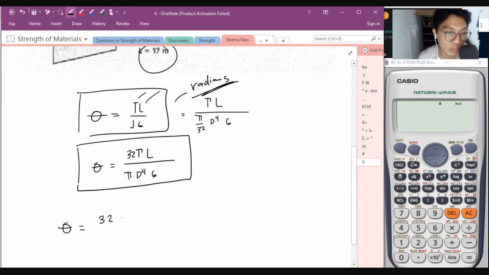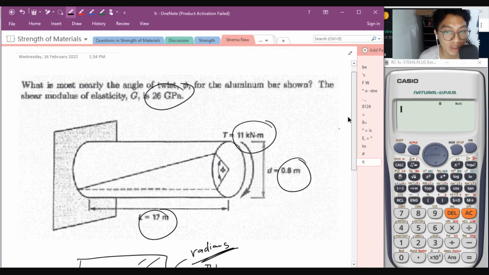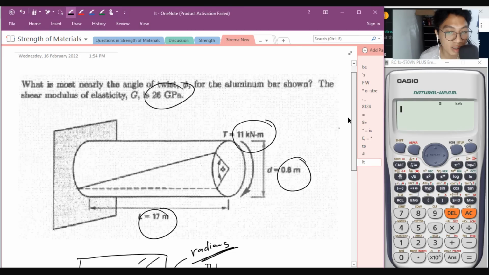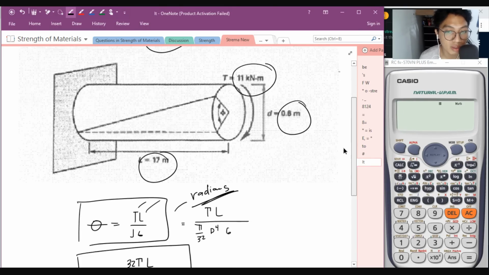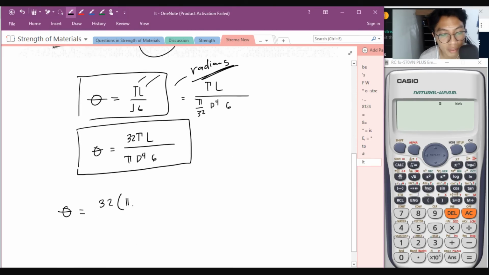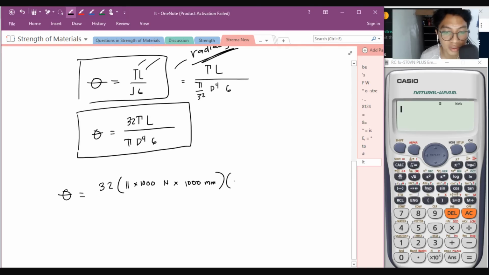Okay, 32 times the torque given there, that is 11 kilonewton meter, 11 times 1,000 newton times 1,000 millimeter. Para lahat naka-millimeter. Times the length na binigay dyan, 17 meters, so 17 times 1,000 millimeter.